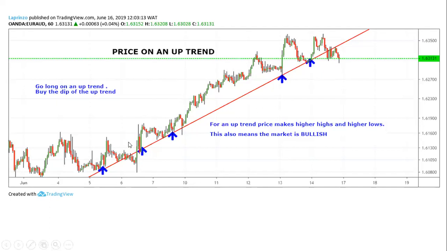Look at this. Anytime you see something like this, you can use a daily time frame to ascertain this price. For you to know the movement of a particular market, the movement of a trend, use a higher time frame to see if it's showing you higher highs and higher lows. Uptrend.